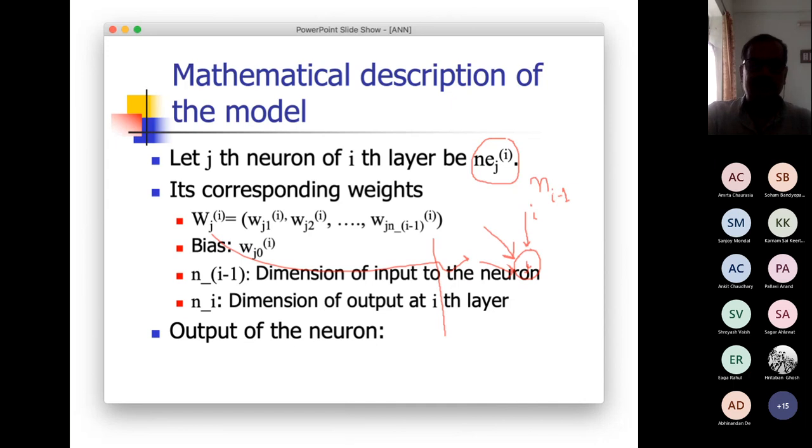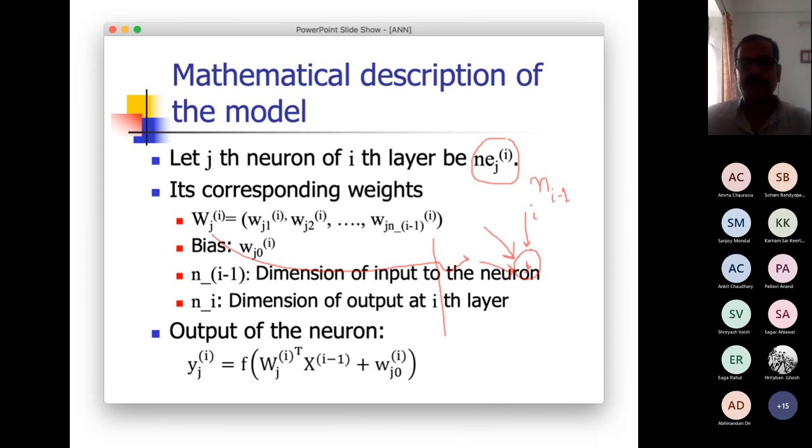So finally, if I consider the output of the neuron, we may write the output for this particular node, which is denoted by y subscript j superscript i. So outputs are denoted by the symbol y with subscript j, that is the jth neuron of the ith layer.